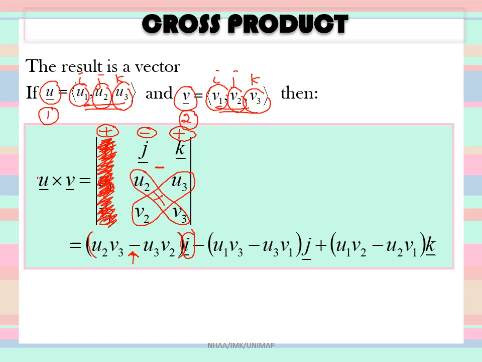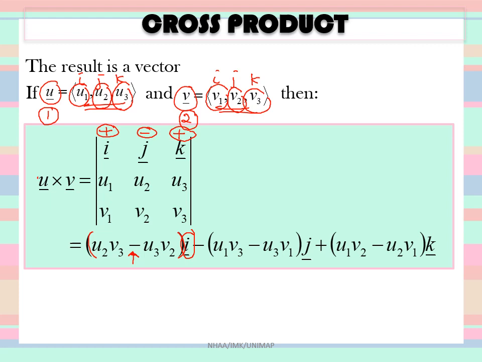Okay, so when you're done with I, you will calculate for J's component. So you will repeat the same thing. Since you want to find the J component, you will temporarily delete the value of the J column.